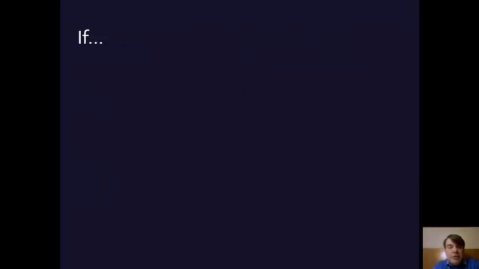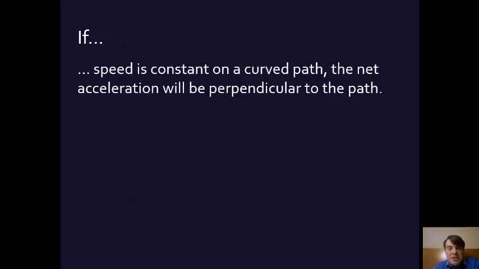Okay, so if speed is constant on a curved path, now velocity is changing by definition because it involves direction, but in terms of speed, if the speed of a particle on a curved path is constant, then the net acceleration is going to be exactly perpendicular to the path because there's not going to be any parallel acceleration or deceleration.